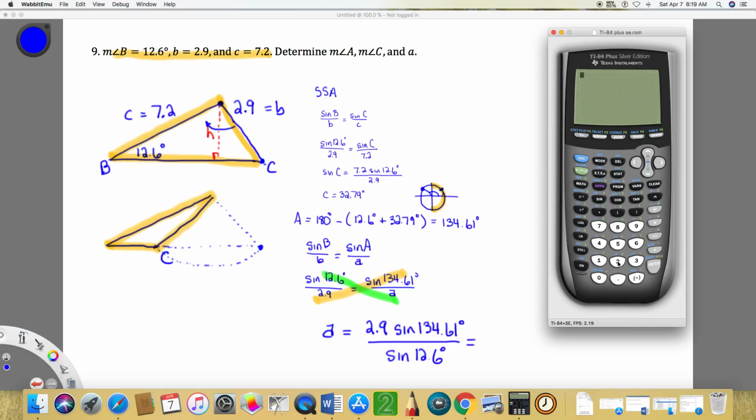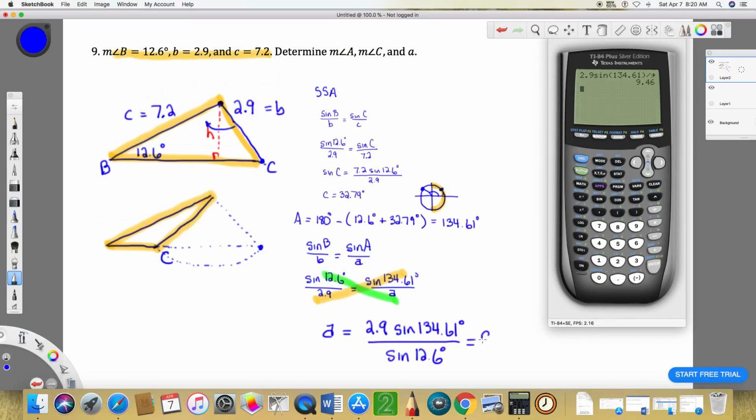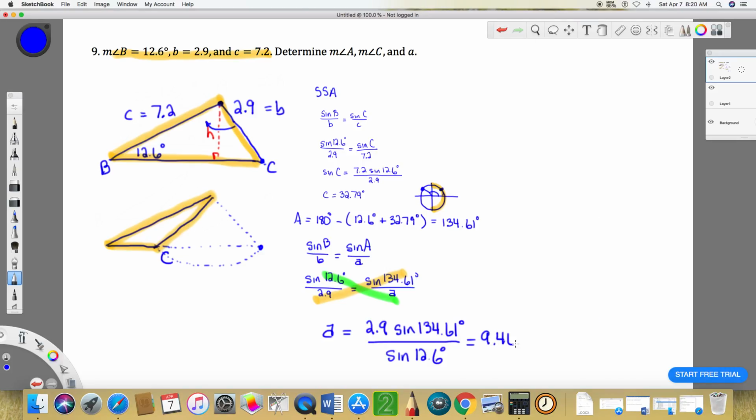So we've got 2.9 times the sine of 134.61. Now, don't forget to close that parenthesis. Divided by the sine of 12.6. 9.46. So we found the measure of angle A, we found the measure of angle C, and we found the length of A. So we're done with our first triangle.